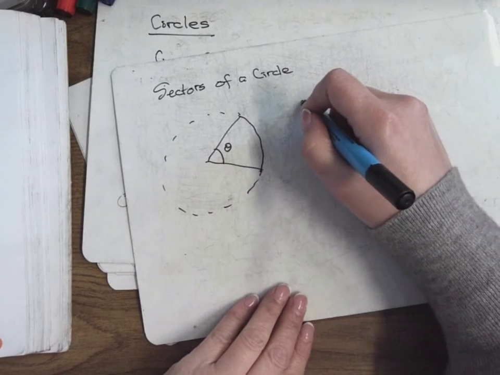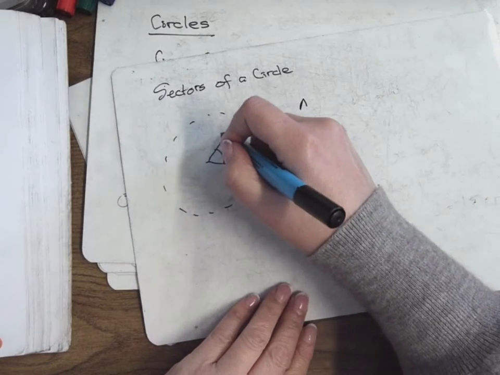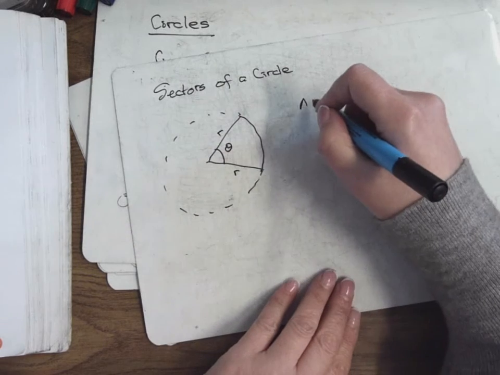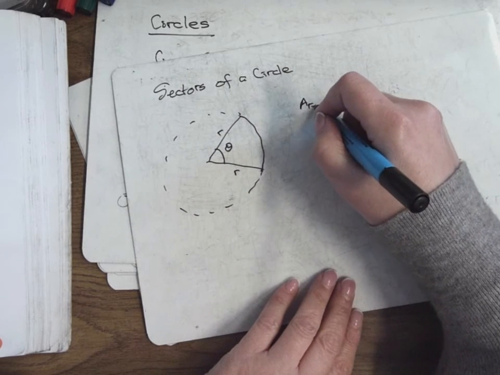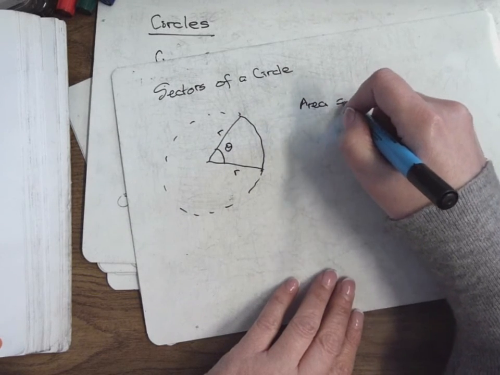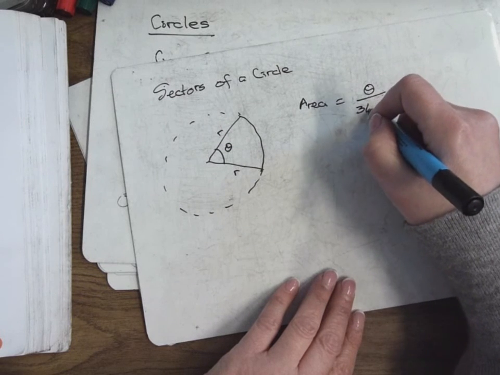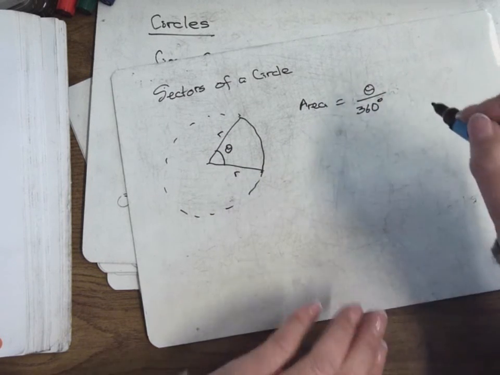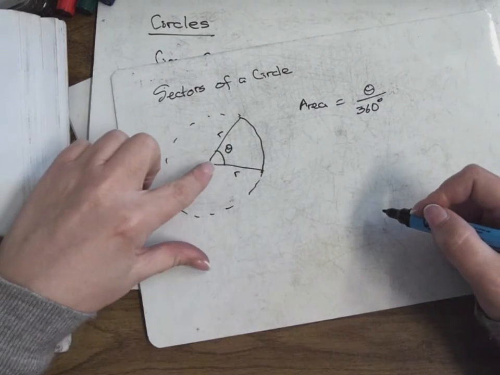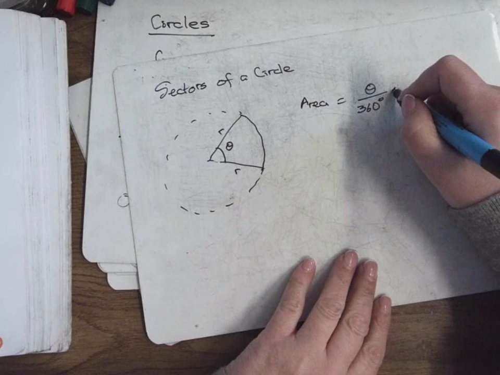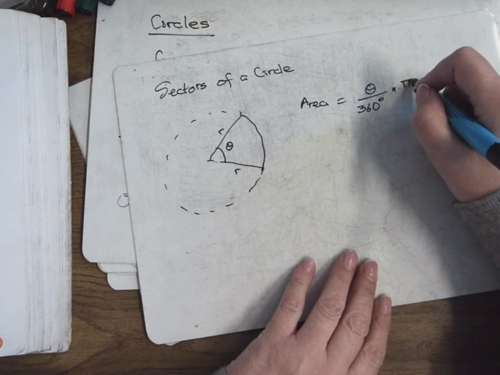Remember the radius of a sector is here. If you want to get the area of that sector, it's theta out of 360. So you have to work out what fraction of the circle you have, using the angle. So it's that fraction of 360 multiplied by pi r squared.